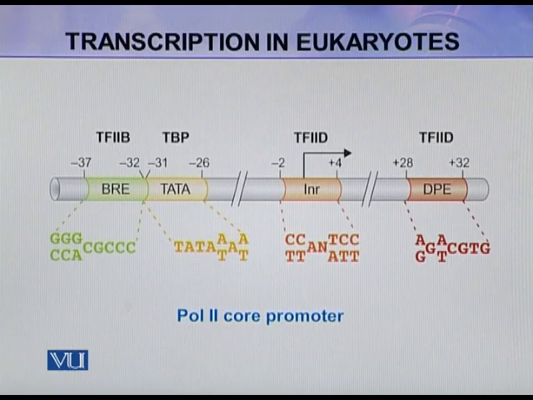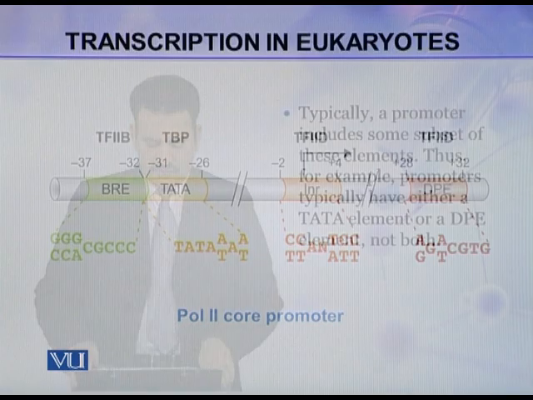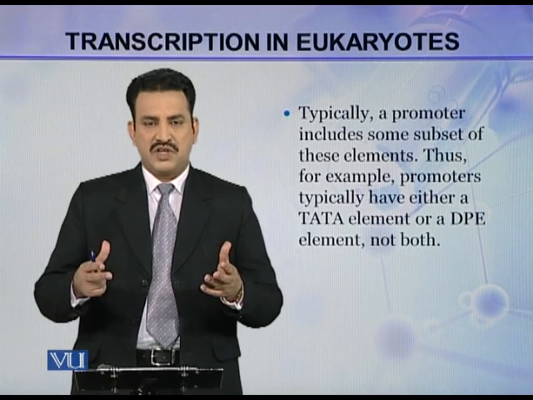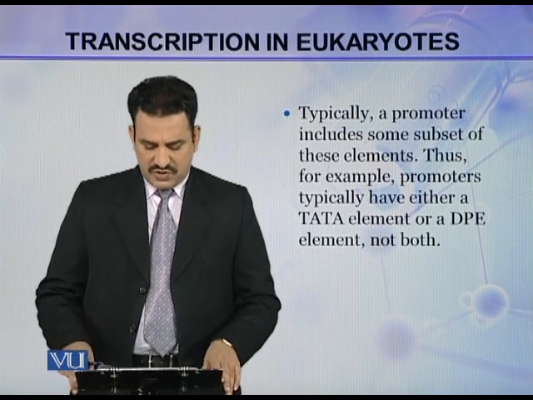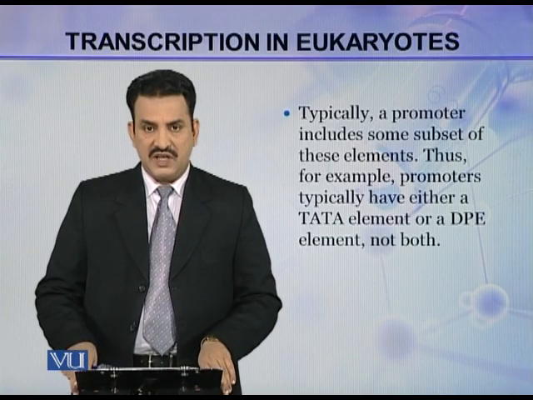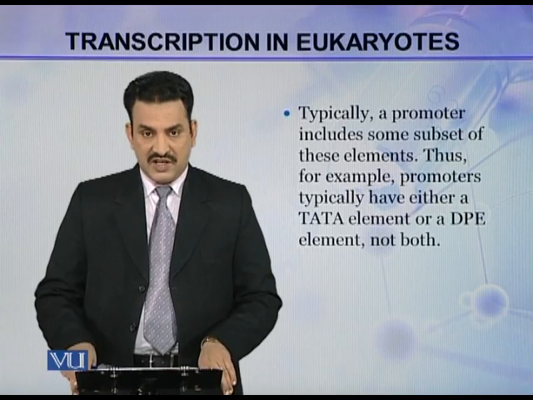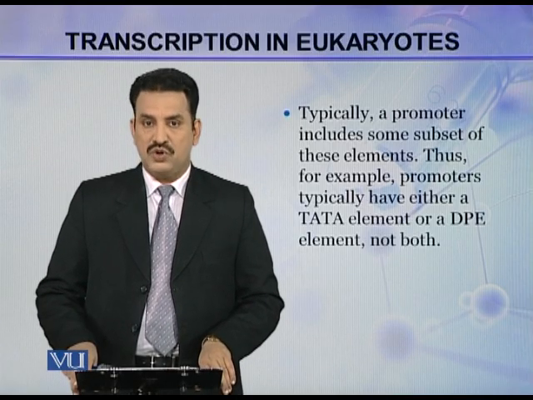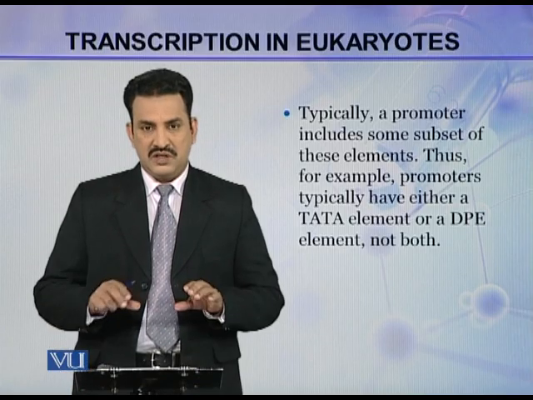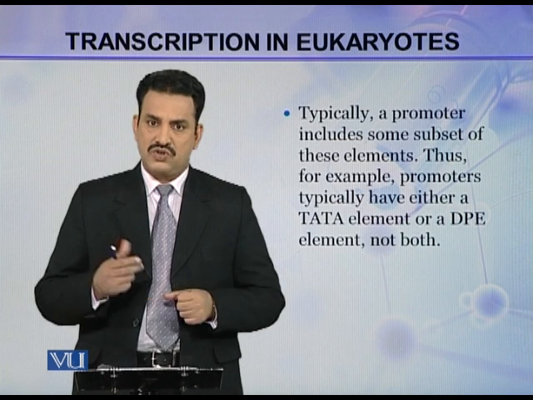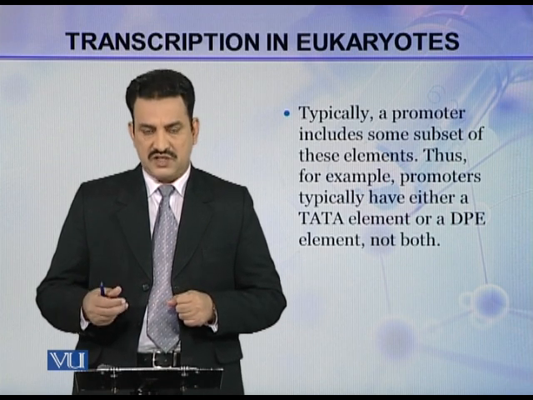Typically, a promoter includes some subset of these elements. This subset may be different in different organisms. Thus, for example, promoters typically have either a TATA element or a DPE element, not both. So in one core promoter, either the TATA element is present or DPE is present.